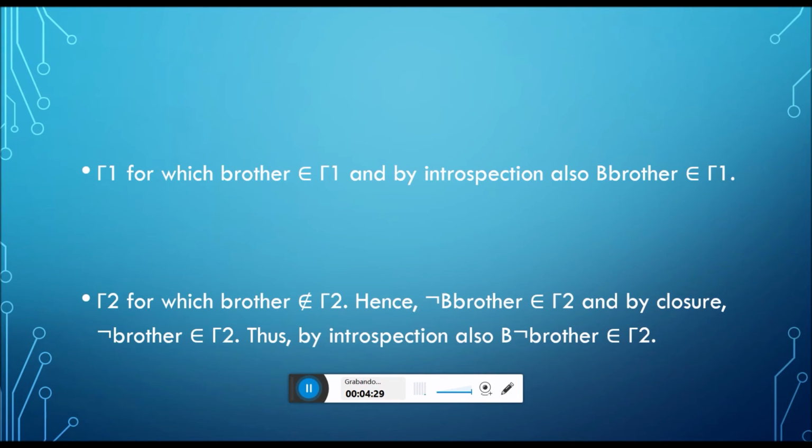Gamma 1, for which brother belongs to gamma 1, and by introspection also B brother belongs to gamma 1. 2. Gamma 2, for which brother doesn't belong to gamma 2, hence not B brother belongs to gamma 2, and by closure not brother belongs to gamma 2. Thus, by introspection also B not brother belongs to gamma 2.